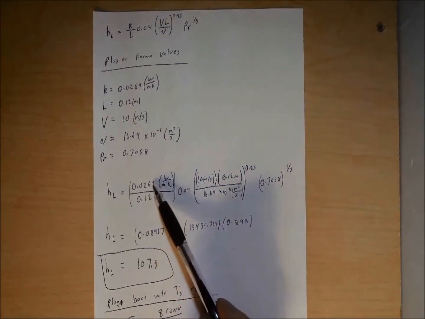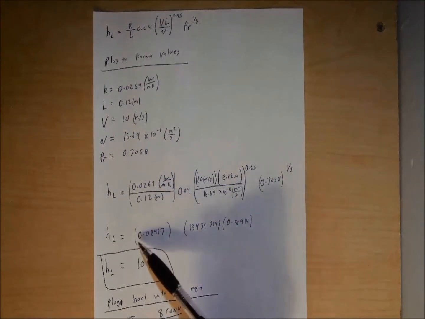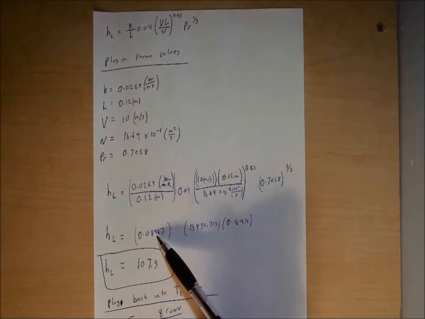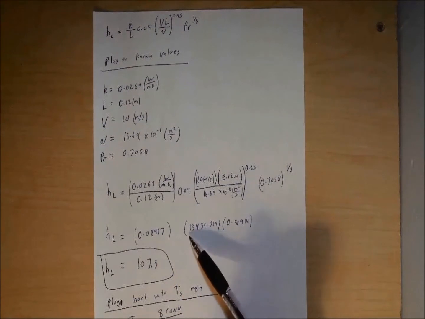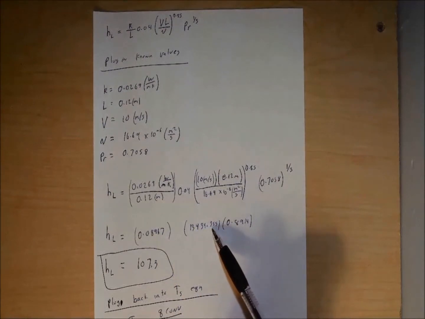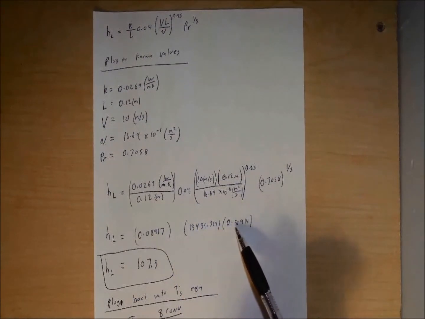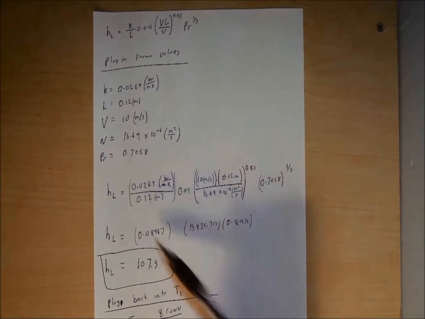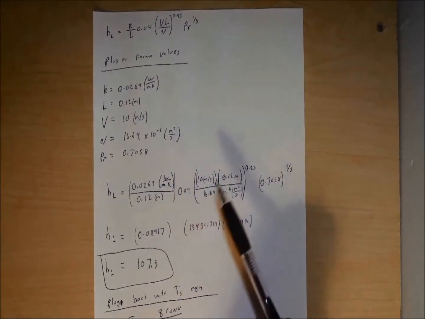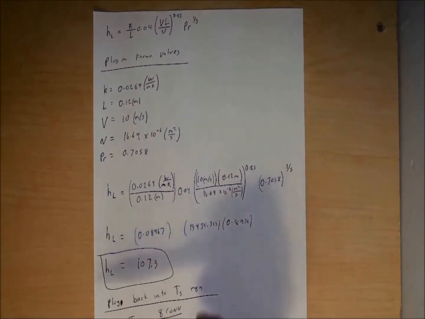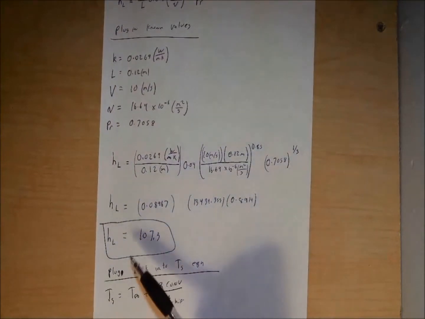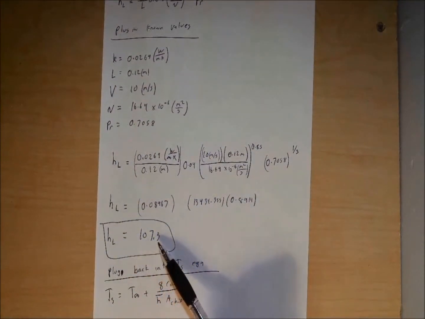We can break this down. This term breaks down to 0.08967. Then we have 13,434.355 times 0.8914. Or we could have plugged this all into MATLAB, Excel, or our calculator, and we end up getting a value of h of L equal to 107.3.